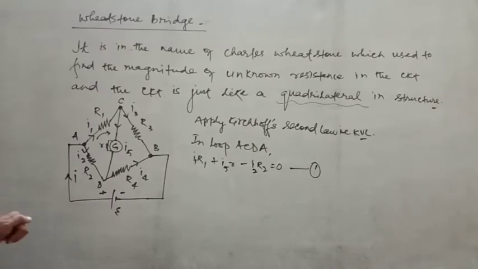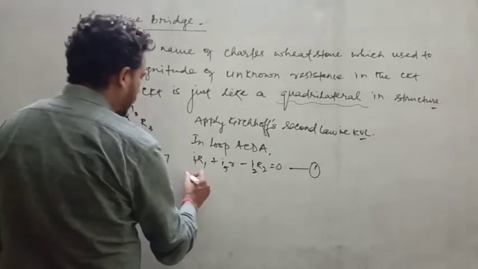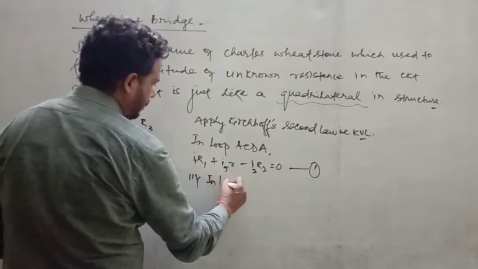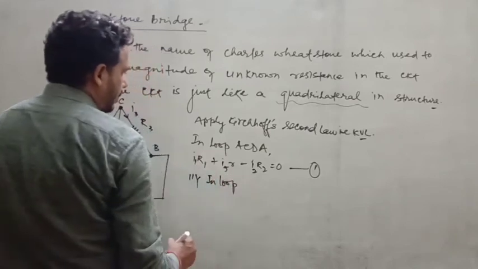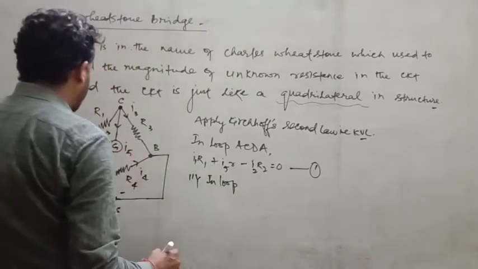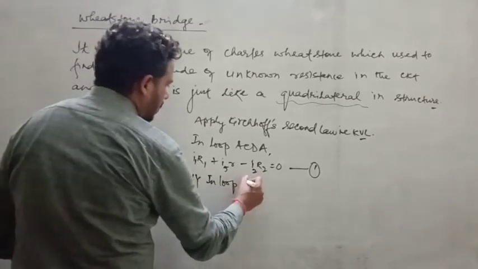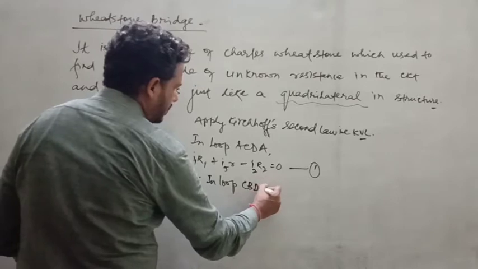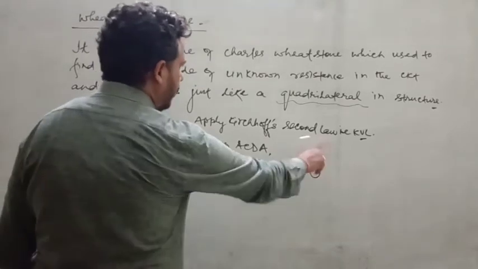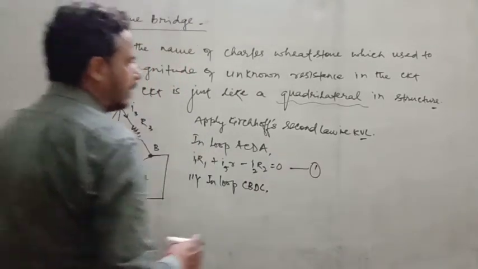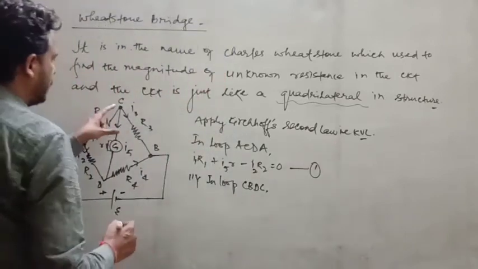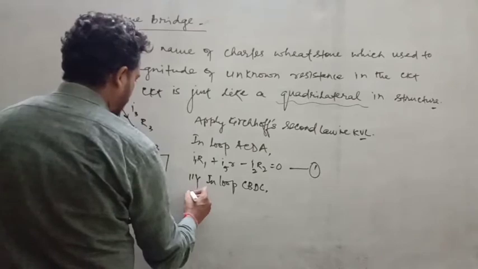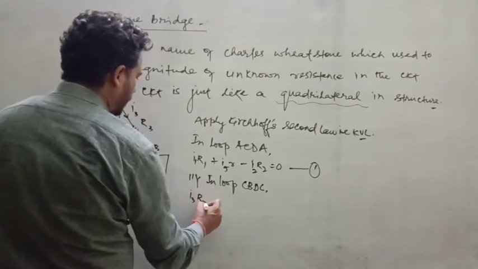Now similarly in loop CBDC, again we apply KVL. You go C to B in the direction of current, that would be positive, I3R3.